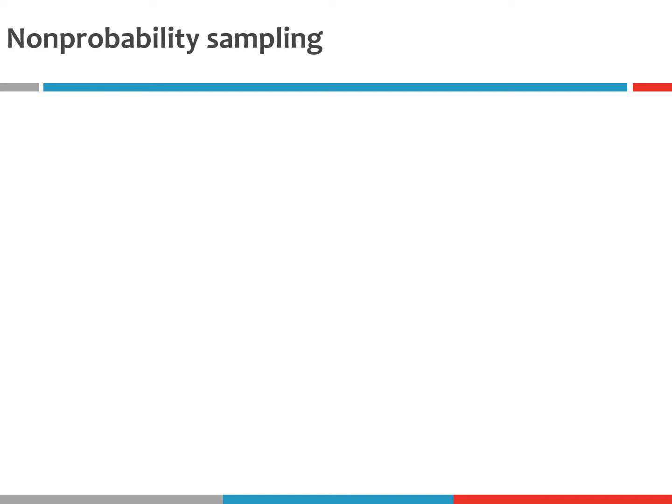We use different methods because of that, and also because of the inherent difficulties of probability sampling. Probability sampling is just a lot more difficult than non-probability sampling. So most researchers use what's called non-probability sampling.